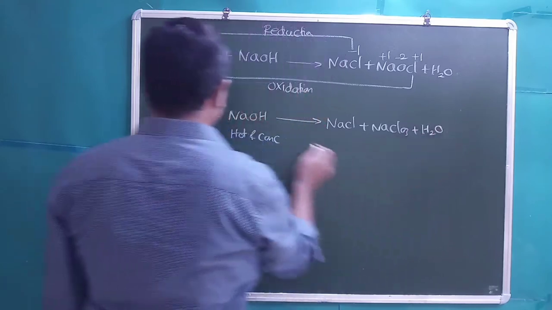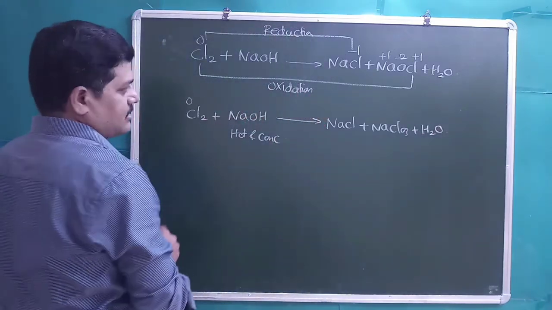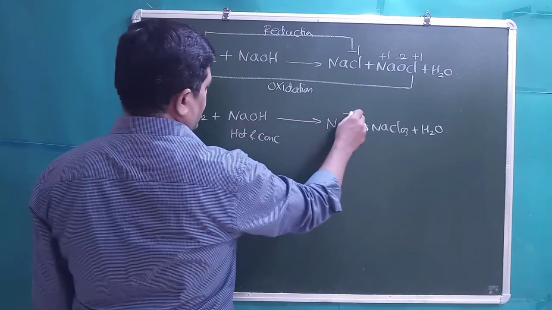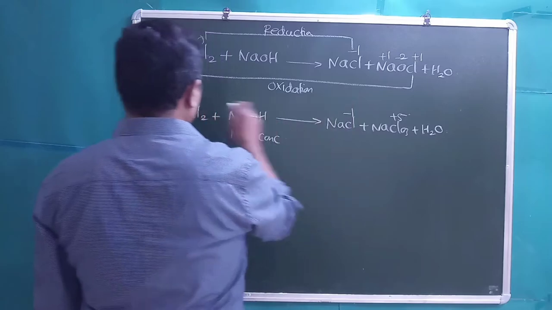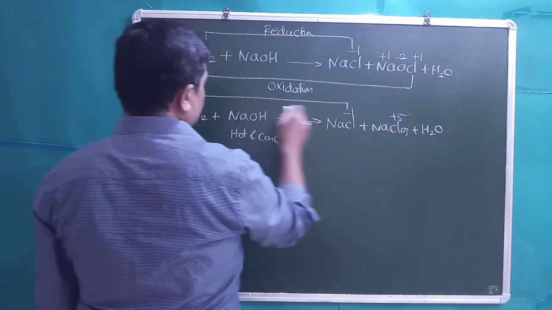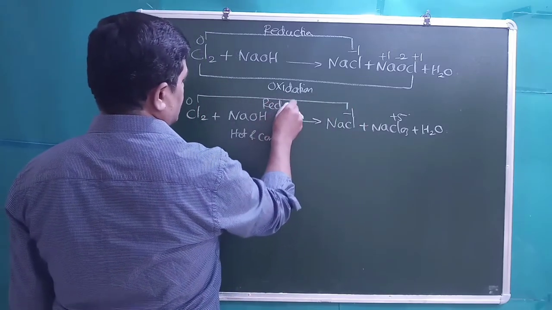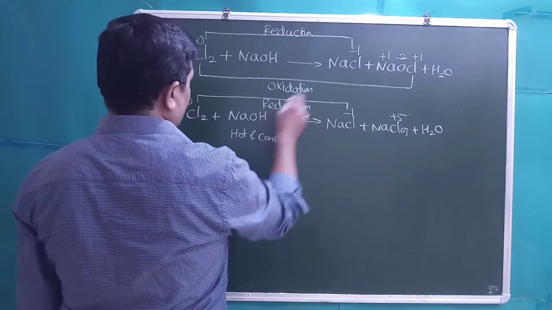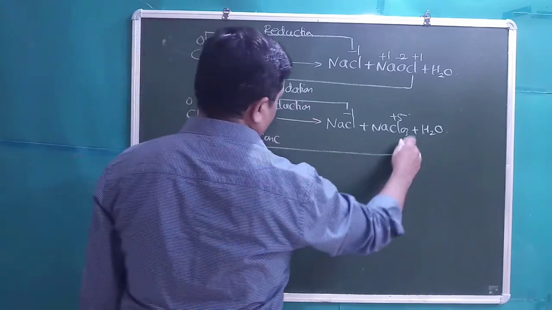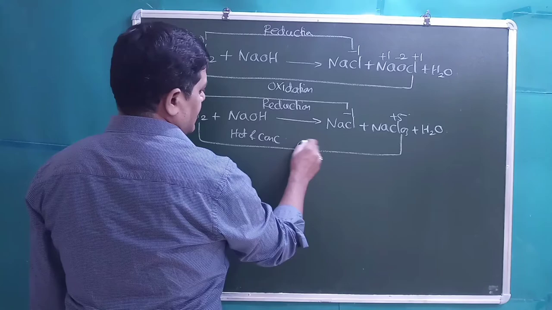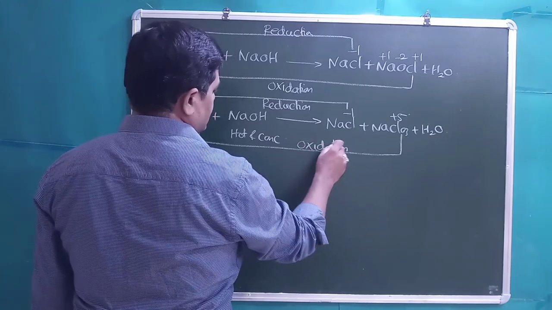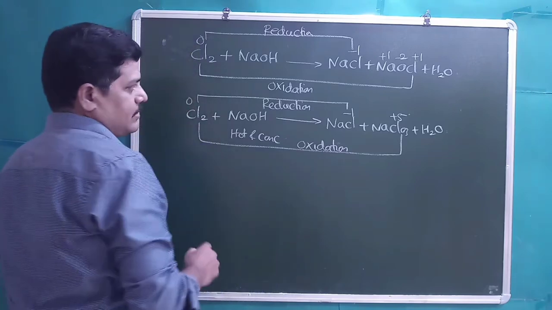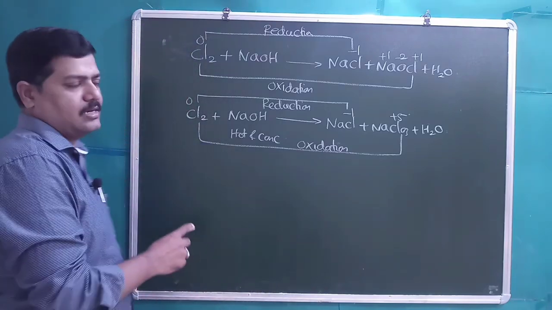Chlorine in the elemental state has oxidation state 0, in NaCl it is -1, and in NaClO3 it is +5. 0 to -1 is reduction. A decrease in oxidation number is called reduction, and an increase in oxidation number is called oxidation. So a single element is undergoing both oxidation and reduction, right?